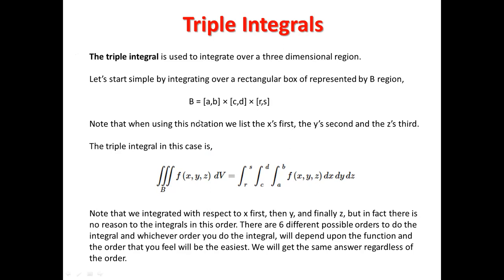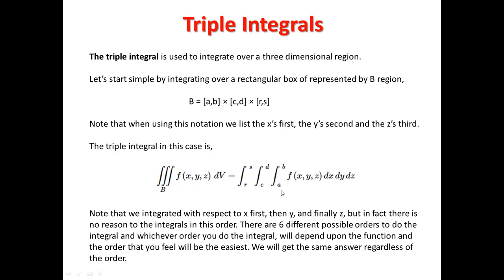Note that in the way we write the notation for the boundary of a 3-dimensional region, we start with X followed by Y and then Z. When we want to find the volume of such a region, we are after the integral of a function of not just 2 variables, but 3 variables, X, Y, Z. And as such, this dV can be a product of the 3 differentials dx, dy, and dz.